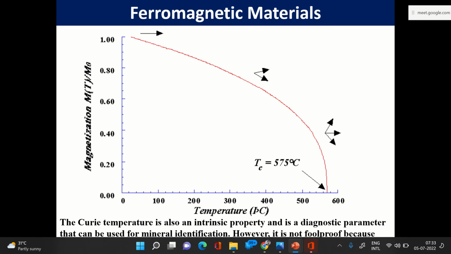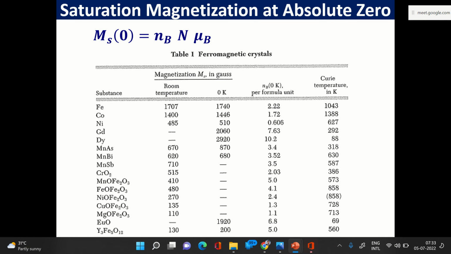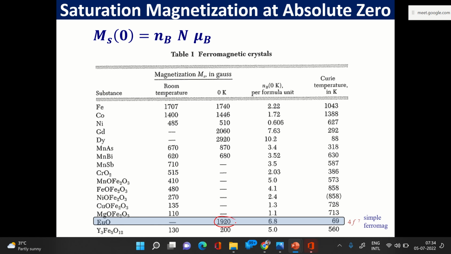So we can also compare this saturation magnetization at absolute zero, that is at 0 Kelvin. Europium oxide: 1920 Gauss. Gauss is the unit by which magnetization is represented.